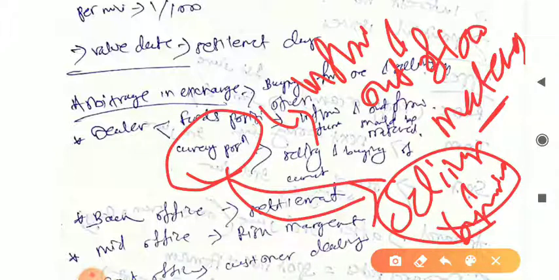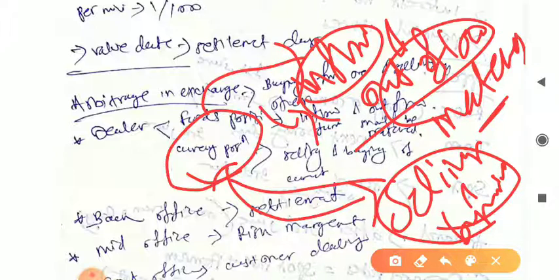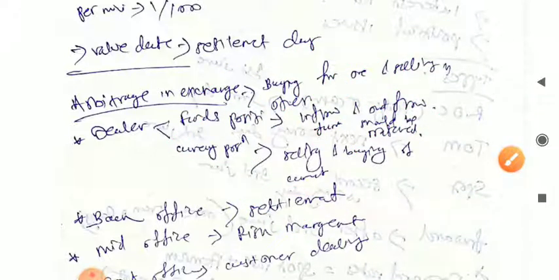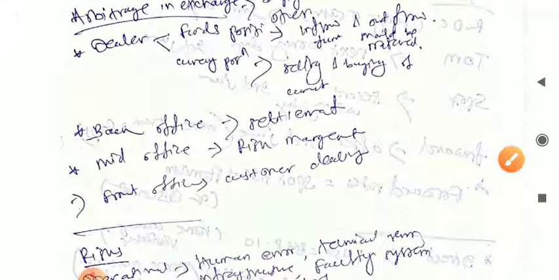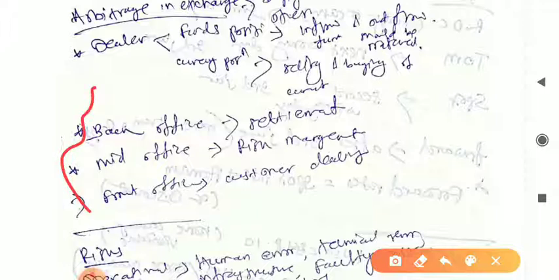In case of currency positioning, we are considering the selling and buying of currency. Inflow and outflow should be matched in case of fund positioning, right? So this is very important in foreign exchange.